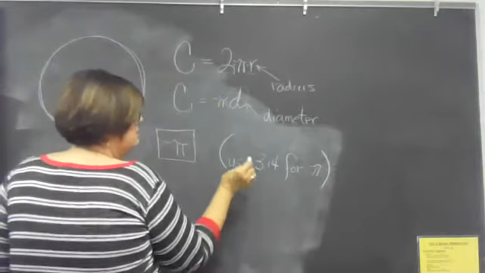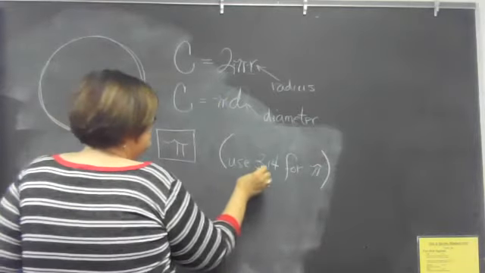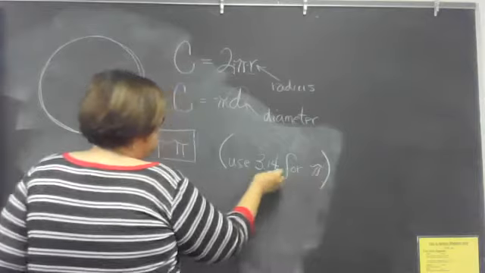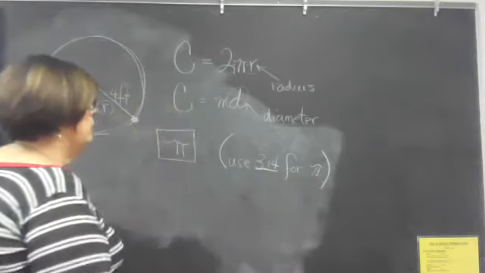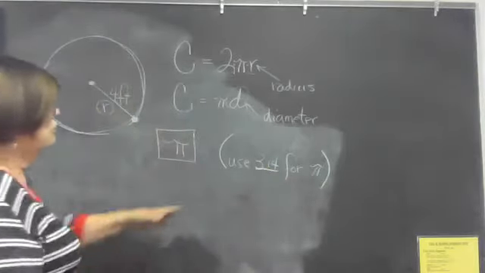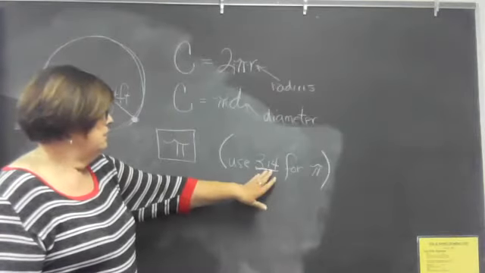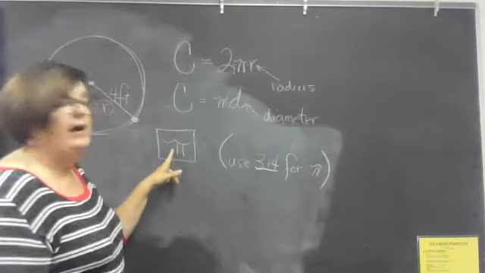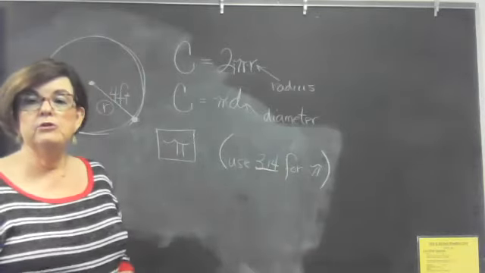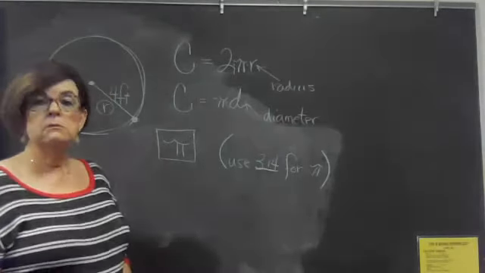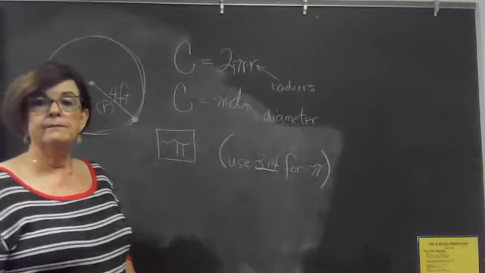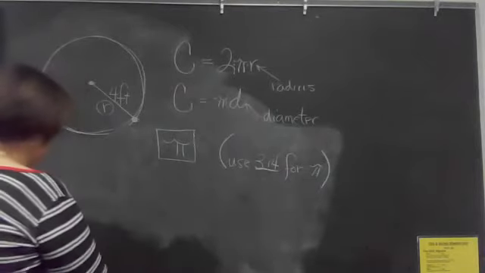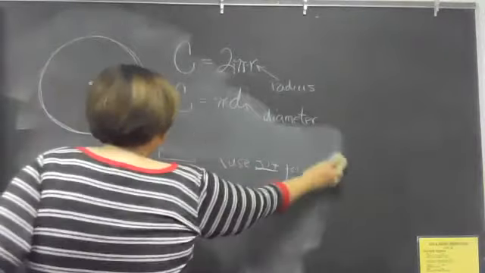Only if it has this in the instructions, then instead of pushing the pi button, you're going to use the number 3.14. That's the only time you will do this. Otherwise, if it doesn't say this in the instructions, I want you to use the pi button because that will give you the most exact answer. Do y'all understand?